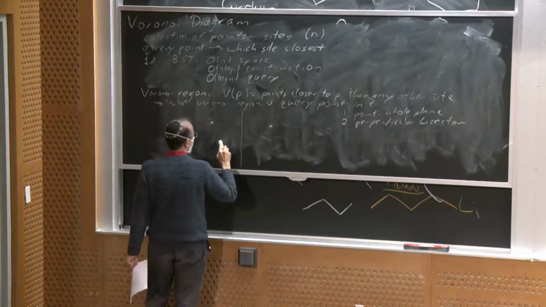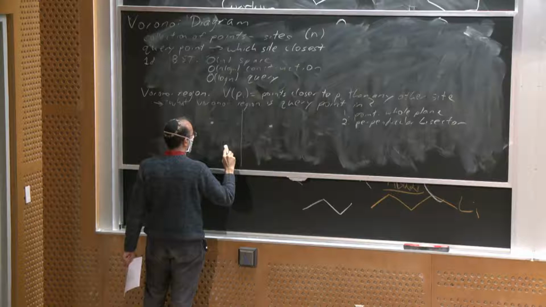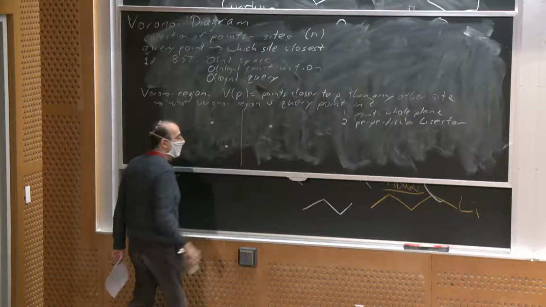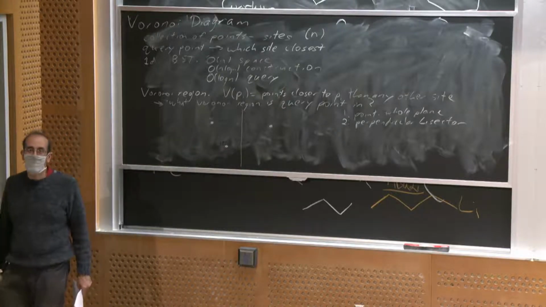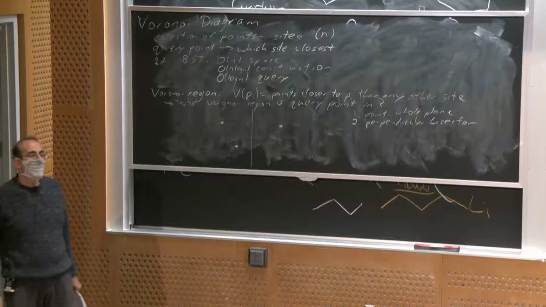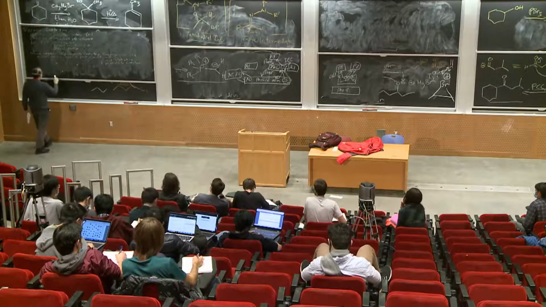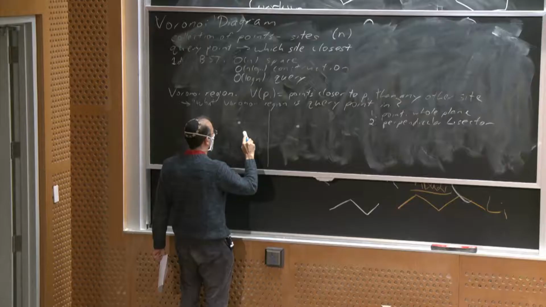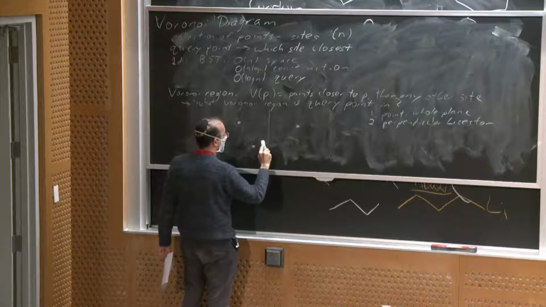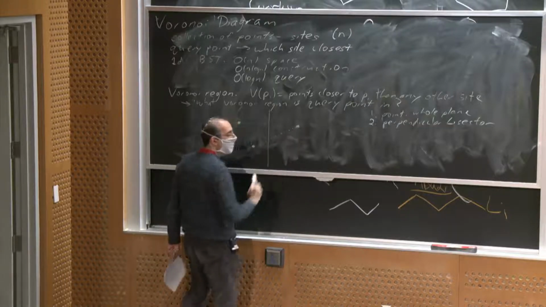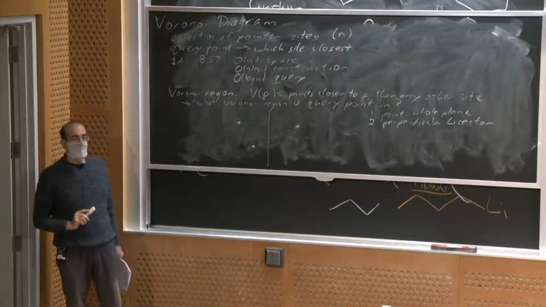What if we add a third point? Yes? Consider 3 perpendicular bisectors? Exactly. If we add a third point, really what's going on is we have 3 different pairs of points, right?